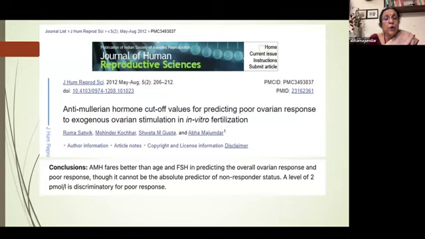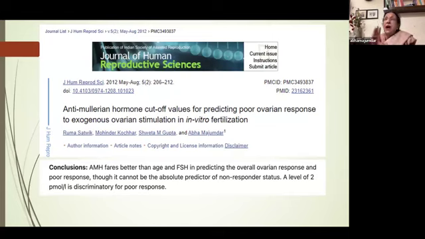The conclusion was that AMH fares better than age and FSH in predicting the overall ovarian response and poor response, though it cannot be the absolute predictor of a non-responder status. We found that a level of 2 picomoles, which if we convert it into nanograms should be maybe 0.1 nanogram, is discriminatory for poor response.